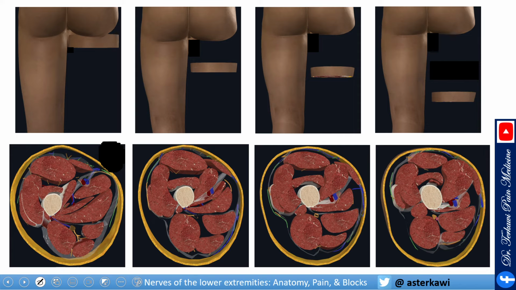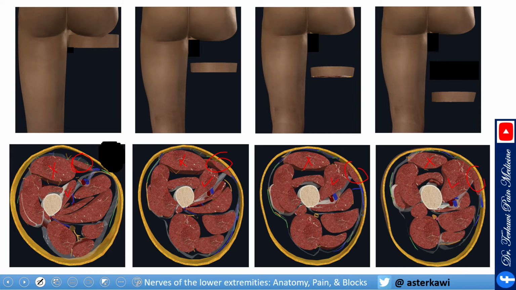And here, now, pay attention to three muscles. Look at the sartorius, right? Look at the rectus femoris, no major changes. Now look at the vastus medialis.